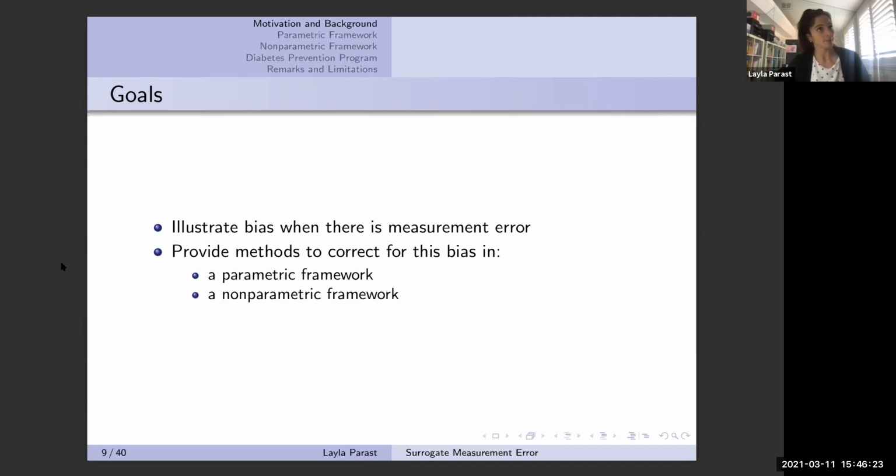But there are some settings where the researcher really does believe that the models you have to specify truly hold. And so I think it's important to offer a solution for how to correct for measurement error within that parametric framework, if that's the method that someone chooses to use. But I do lean very heavily towards the non-parametric approach, and I will show you why.